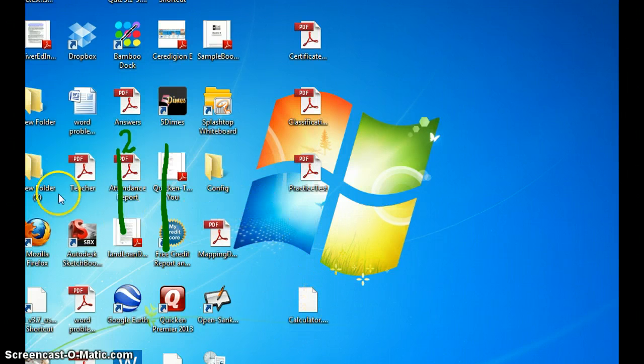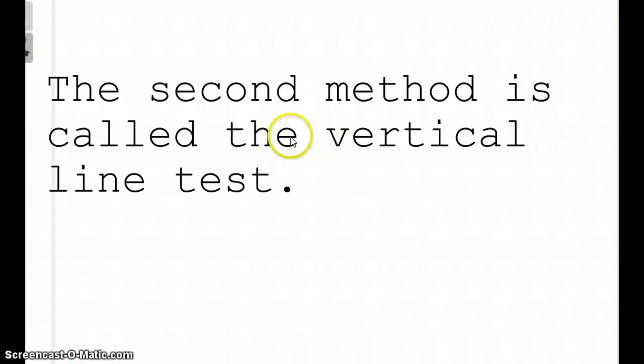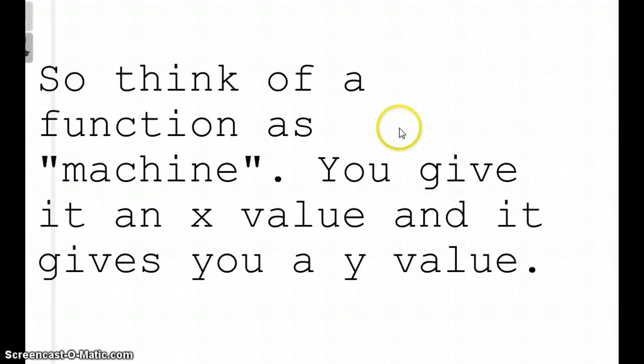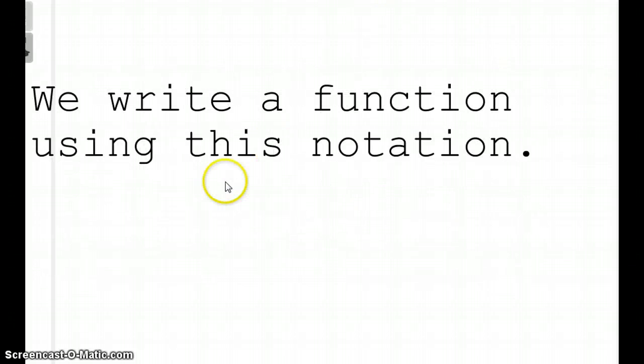Okay. So let's go back into here and see where we're at. So the second method is called the vertical line test. We've already done that. And then finally, I'd like you to think of a function as a machine. You give it an x value, and it gives you a y value. So how do we write this function machine?